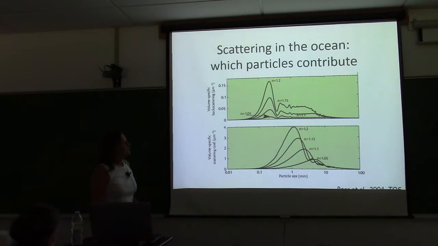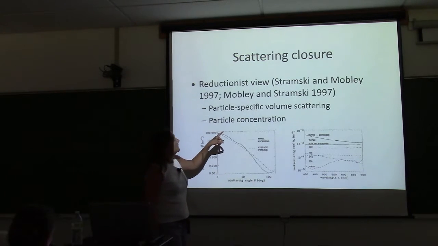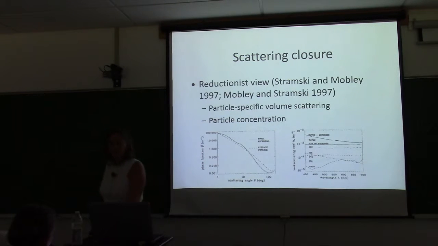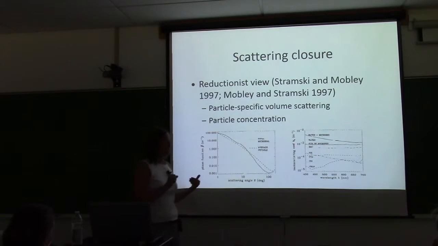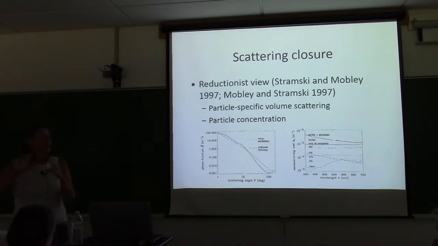I actually want to get to this point here. I want to think about scattering closure, and how you might measure scattering in a bulk sense in the ocean versus modeling it based upon the properties of particles that you can measure.